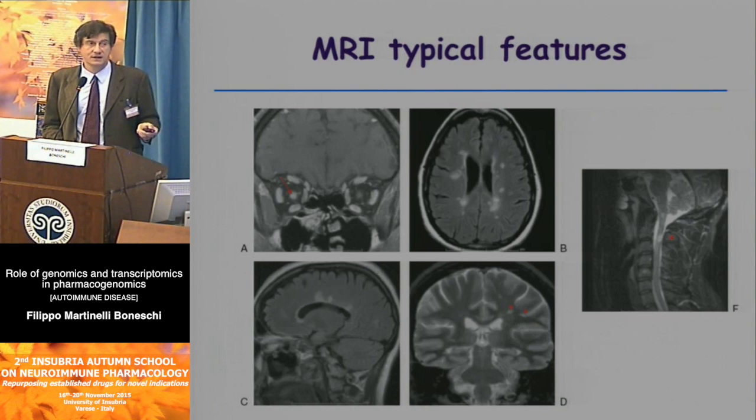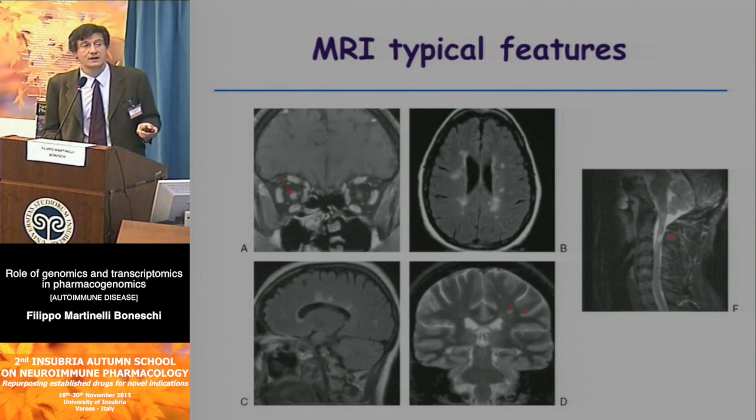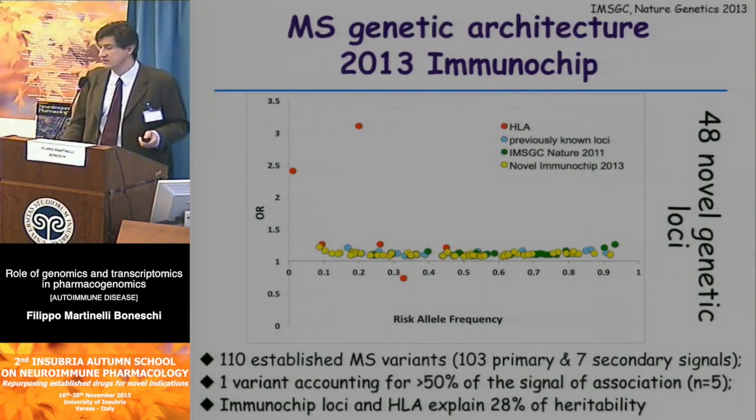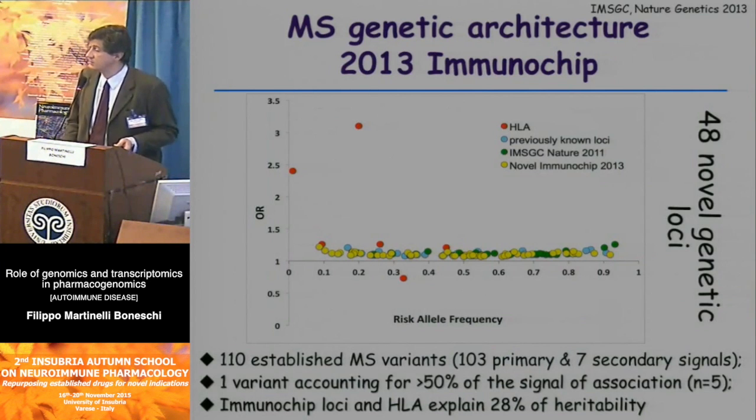There is an asymmetry in most of the cases, but here you can appreciate in FLAIR images that there are hyperintense lesions occurring around the lateral ventricles and also, for example, in the spinal cord. And this is the classical Dawson's fingers, which are demyelinated lesions perpendicular to the corpus callosum. So just to give you an idea, this is not the topic, but this is the genetic architecture of multiple sclerosis.